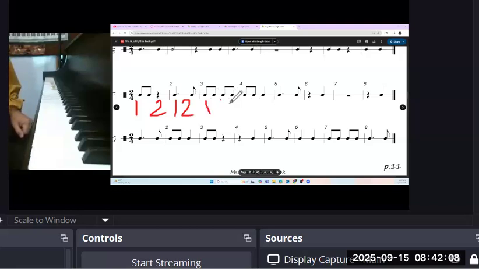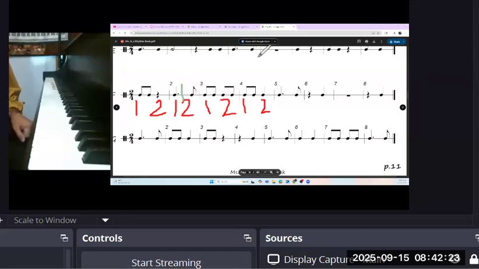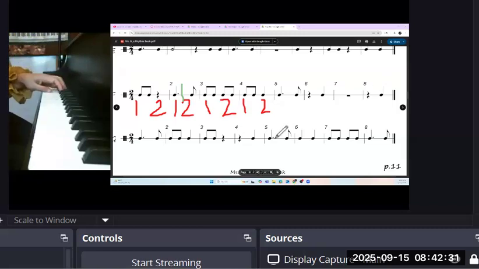So the 1 falls here, the 2 falls here, the 1 falls here, the 2 falls here, etc. And then you notice, oh yeah, what is that one? This one doesn't fall with any note. And every time I have a dotted quarter note, that's how it falls. We're continuing with 45. 1 and 2 and 1 and 2.